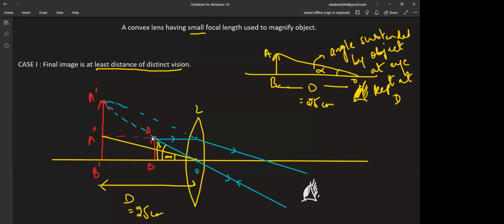Since I have taken this as AB, I don't want to mix this figure, so let's forget this for the derivation and look at this bigger figure. I want to write tan beta and tan alpha. So this beta gives me the angle for the bigger triangle, and for the smaller one I have alpha.